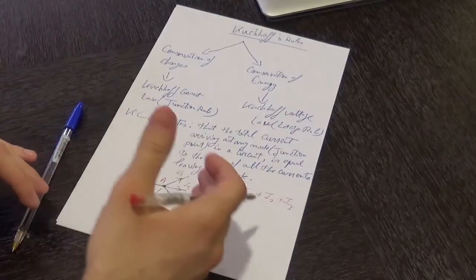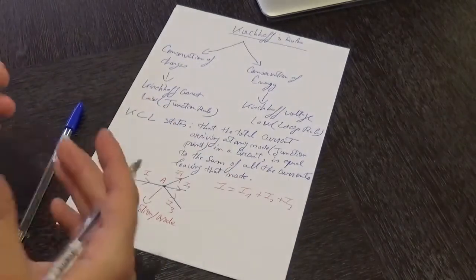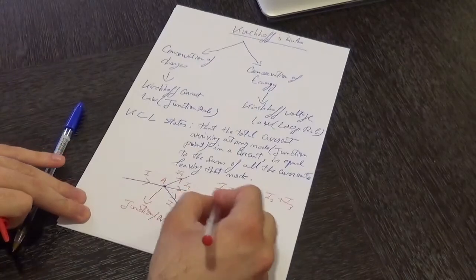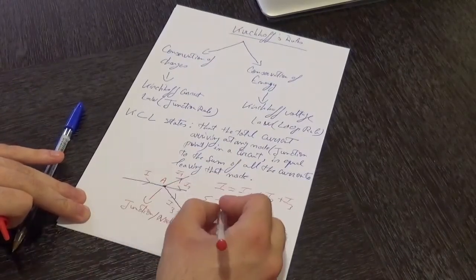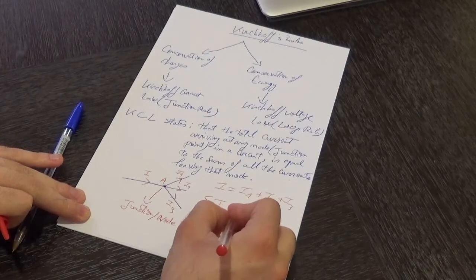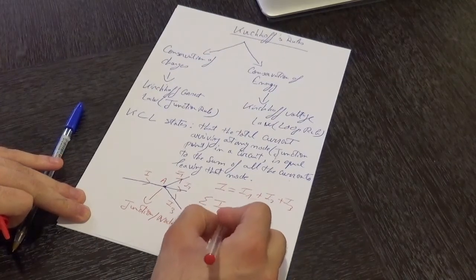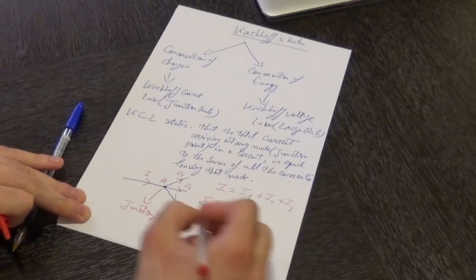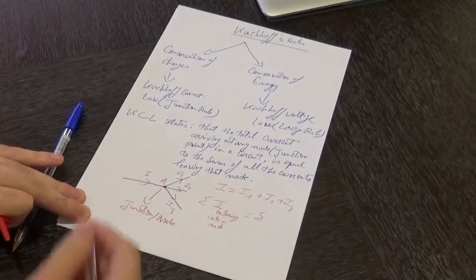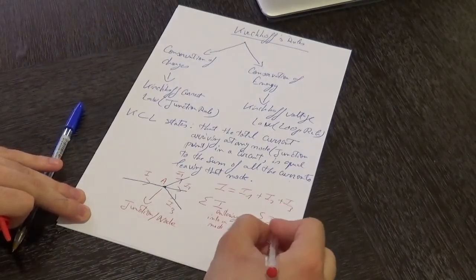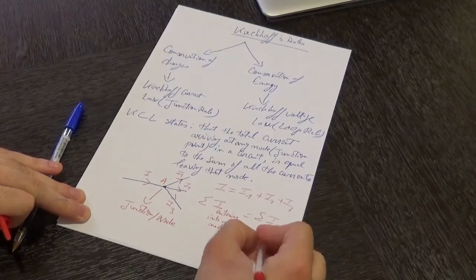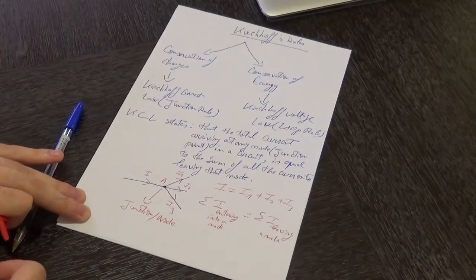So in that case we can generalize that equation in order to write it as that the summation of all the currents that are entering into a node is actually equal to the sum of all the currents that are leaving a node.